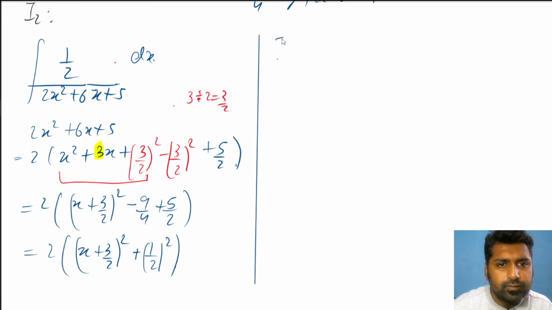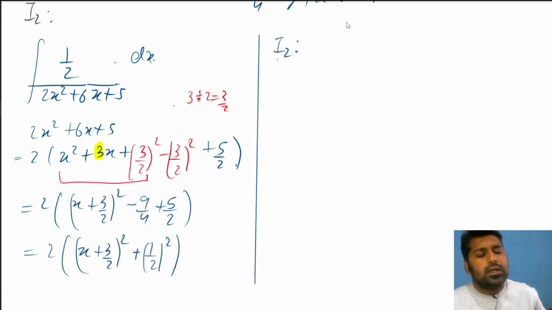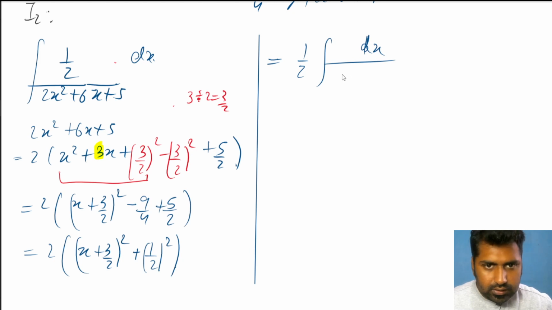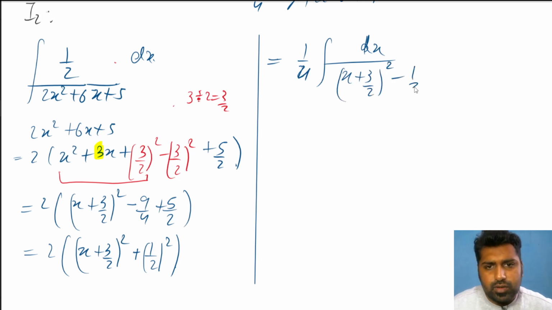What's our I2 now? This integration becomes 1 by 2 integration of dx upon, the 2 common we have taken from the denominator also, so that 2 will also go outside. So I'm writing 4 directly: x plus 3 by 2 whole square plus 1 by 2 whole square.